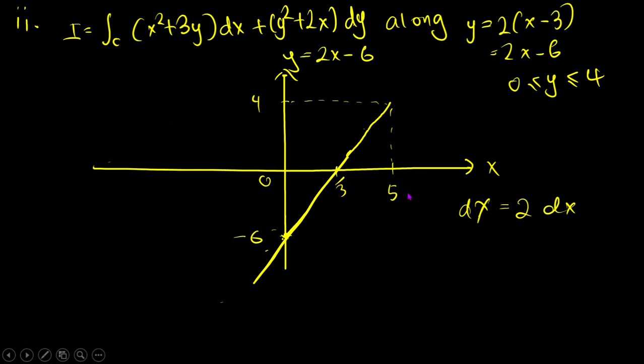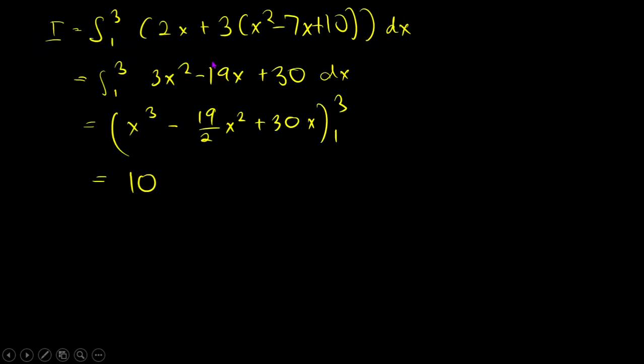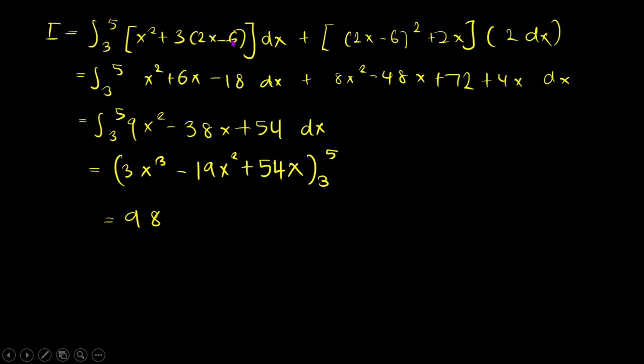Then we need to find dy. We need to find the derivative of this, dy is equal to dx, so that we can substitute it into the line integral later. We already substituted the expression of y in terms of x, and if we perform the integration we'll get 98.